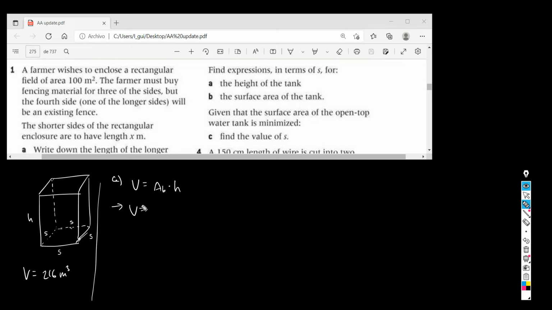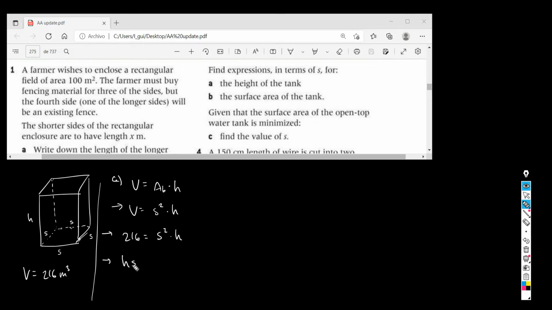Since I know that the base is a square of side S, the area of the base of this particular box or tank is S squared times the height. And we also know that the volume is 216, so we can plug it right here: 216 equals S squared times height.